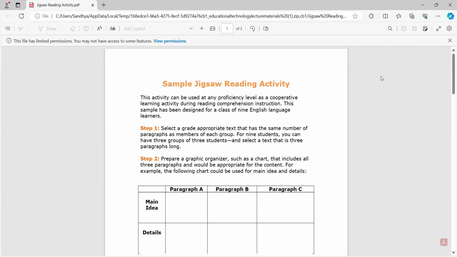Now, when they form the expert groups, you have to give them activities to do in their expert groups. By doing the activities, they become experts in the component that they have. Take the expert group of part 1. There are 5 members, and all of them have part 1 of the lesson.